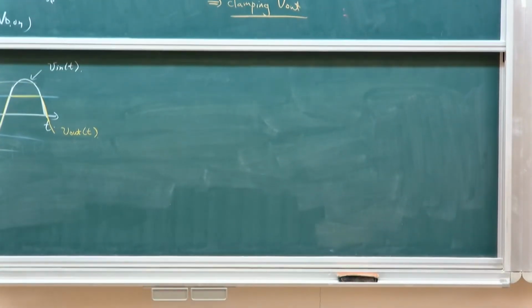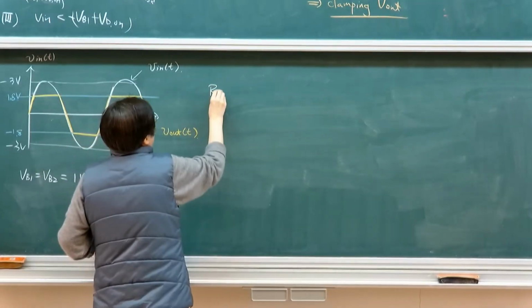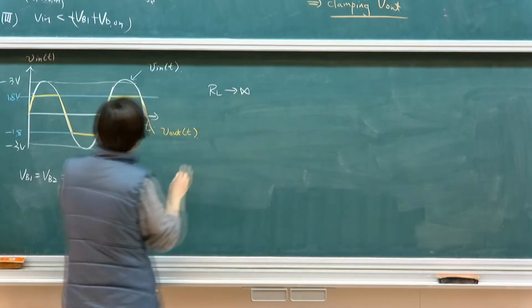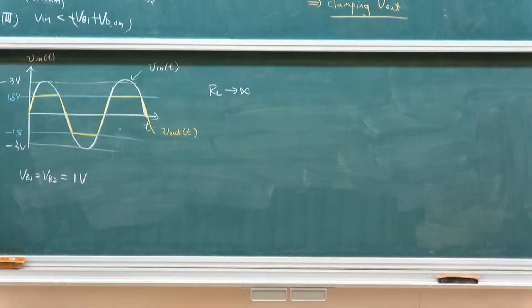If you want it to follow the response, you're assuming that R load approaches infinity, then it will just follow, if you're skipping the effect of R load. But if there's an R load, then you'll see a slope. Okay?